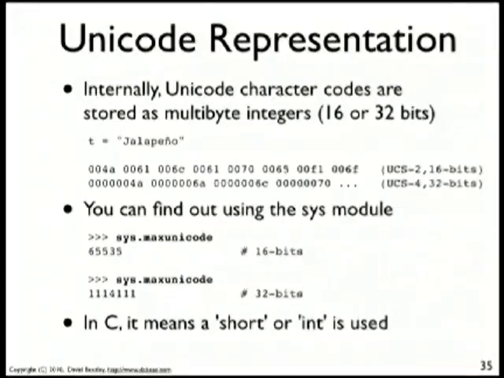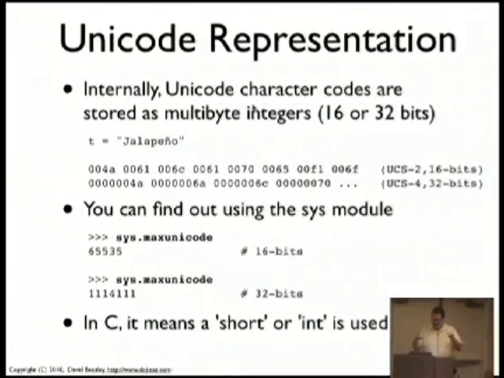Both of these questions are related to how Unicode characters are stored and dealt with internally. One of the things that Python 3 has to do is, because there's this greater range of codes for characters, the storage requirements of strings actually goes up. Internally in Python 3, if you have a string like jalapeno, it's actually either stored as an array of 16-bit integer codes or as an array of 32-bit integer codes. That choice is a compile-time option to Python.